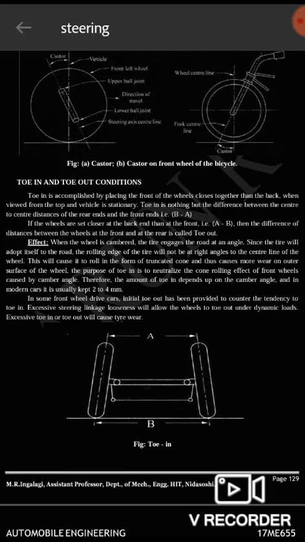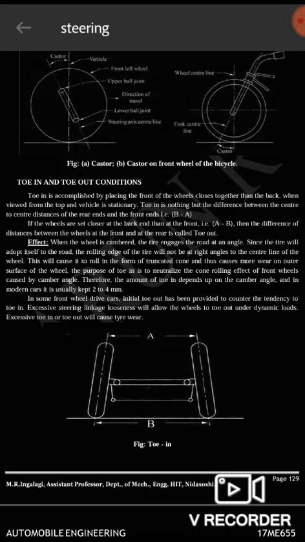When the wheel is cambered, the tire engages the road at an angle. Since the tire will adapt itself to the road, the rolling edge of the tire will not be at right angles to the center line of the wheel. This will cause it to roll in the form of a truncated cone and thus cause more wear on the outer surface of the wheel.